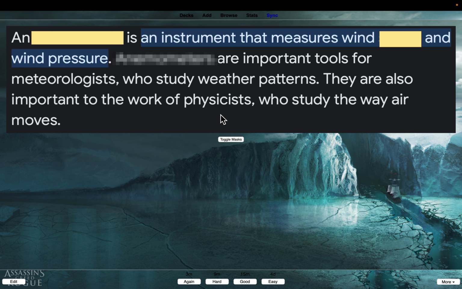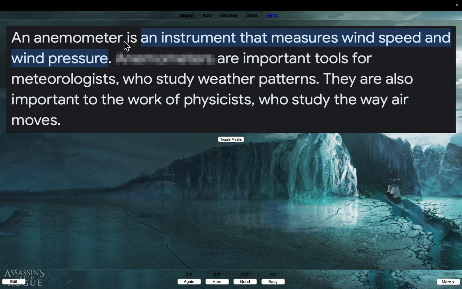Measures wind and wind pressure. What instrument is this? It's not the same instrument as the one that was mentioned earlier. This is an anemometer. Okay. I believe this is used to measure the wind speed of a typhoon.